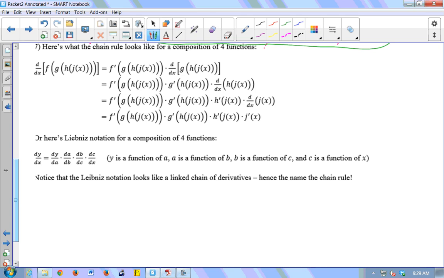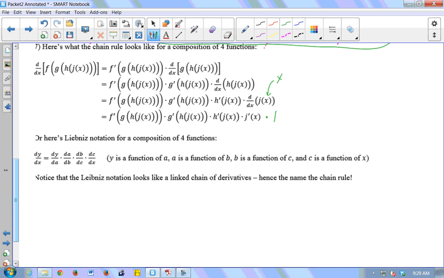So we have this first step, we just rewrite it, times g prime of h of j of x times d dx of the inside h of j of x. And so on and so on. And you know you're done taking derivatives when your inside function is just a plain old x. Because then you could use the chain rule one more time, but the derivative of your inside function would be 1. So then you'd be done.